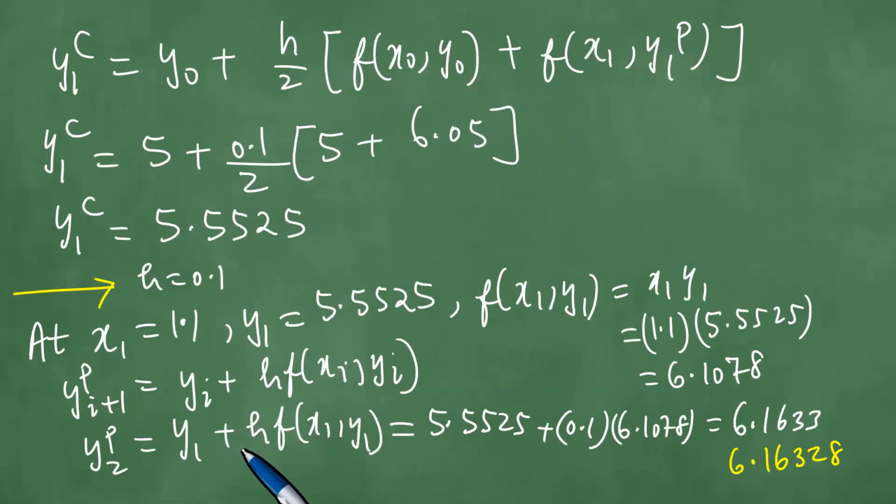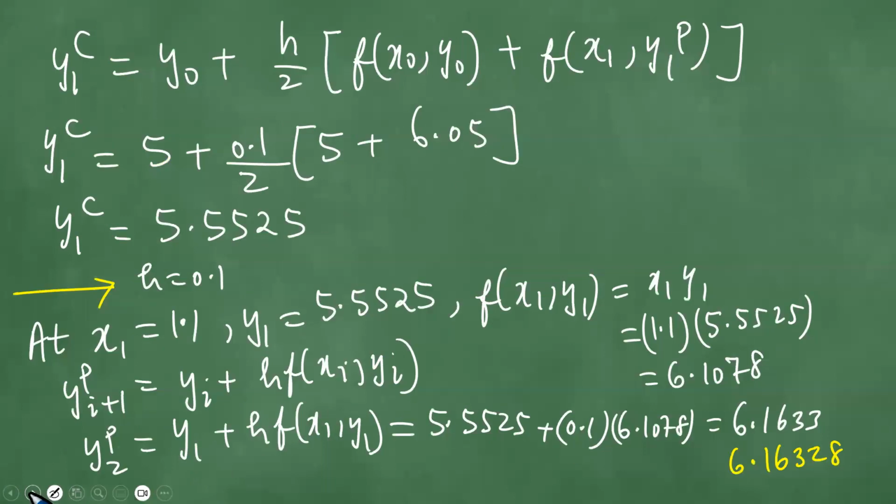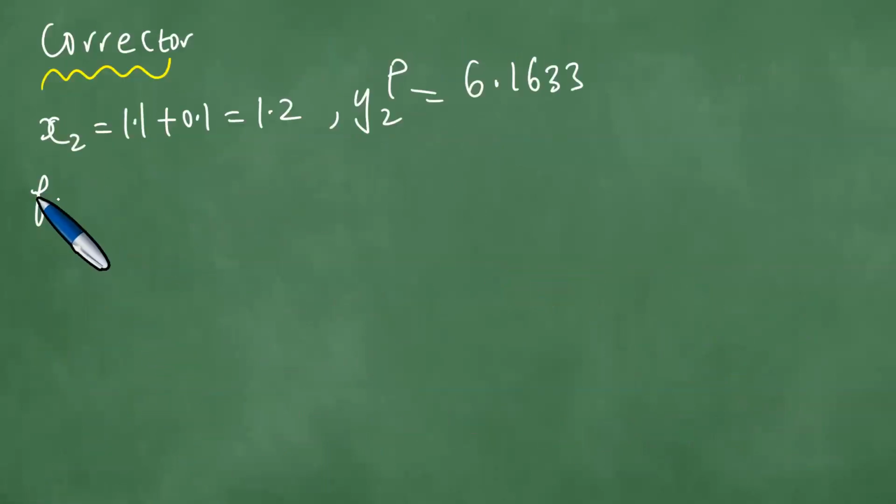Because we must look at this formula. We've already got the x2, y2, and now we must multiply them. Why? Because that is the original differential equation. So we're going to use f of x2, y2p, which says multiply them.